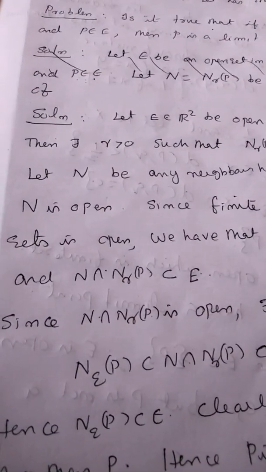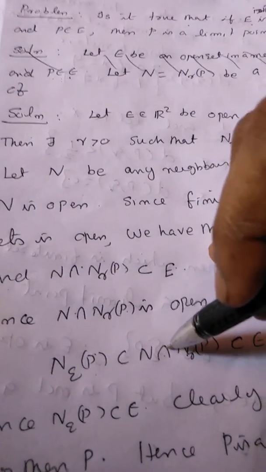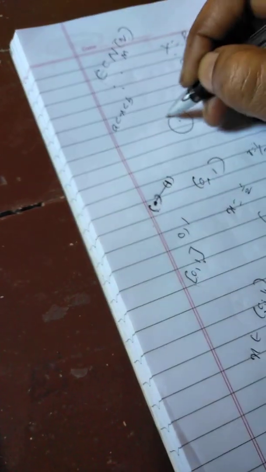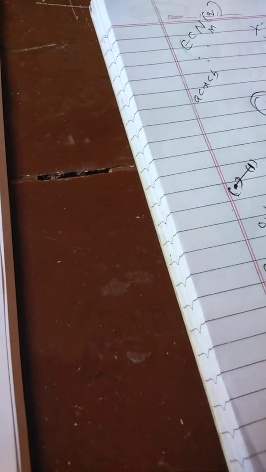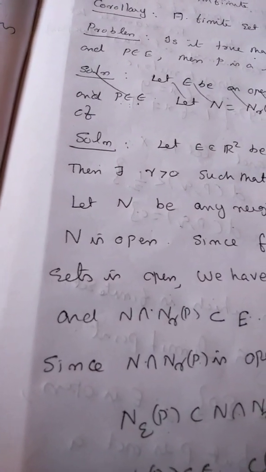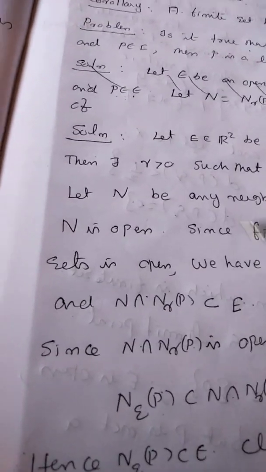So there exists some epsilon greater than 0 such that N_epsilon(P) is contained in N intersection N_R(P), which is contained in E. So a ball around P is contained in E. So this will definitely contain a point other than P, which is contained in E. So this N contains a point of E other than P. Therefore P is a limit point.